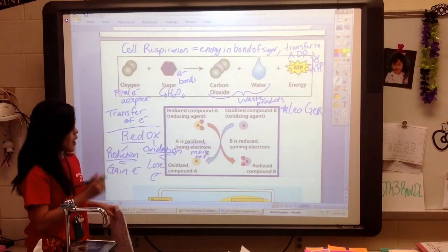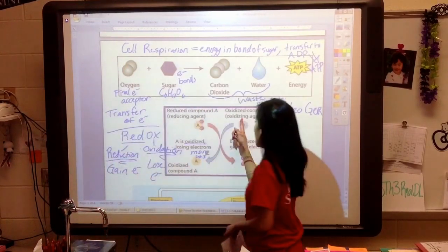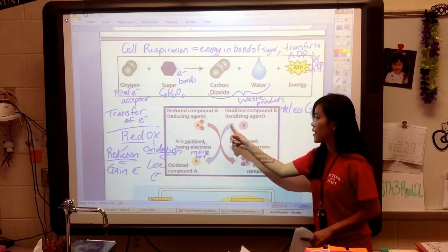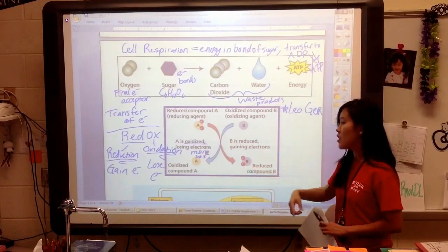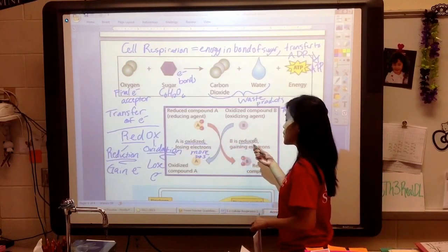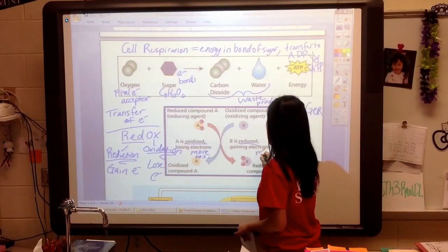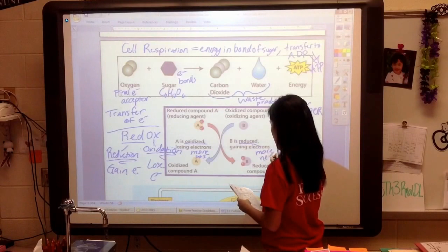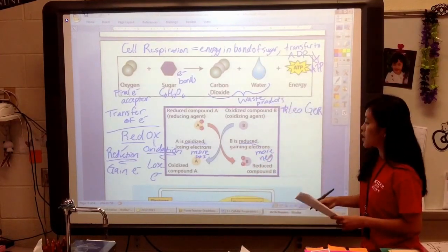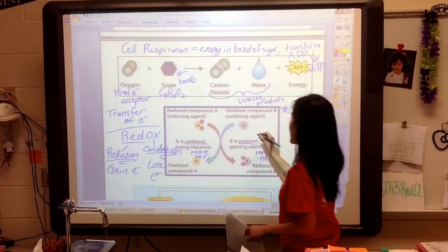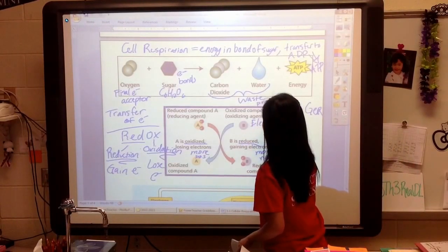Okay? On the other hand, you have this B molecule. The B molecule doesn't start off with electrons, but it ends up gaining electrons. Because it's gaining electrons, it's being reduced. And when you become reduced, you actually become more negative. Keep in mind that this molecule right here, because it's gaining electrons, it's known as an electron carrier.